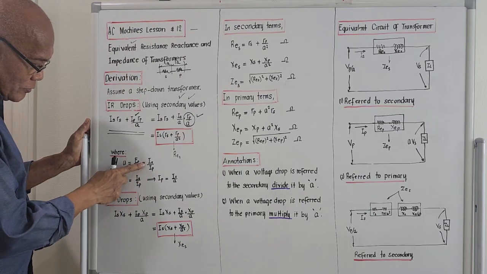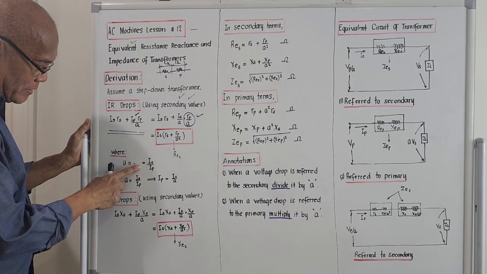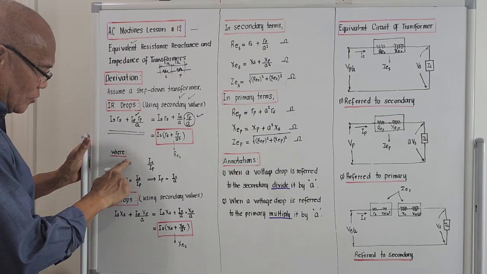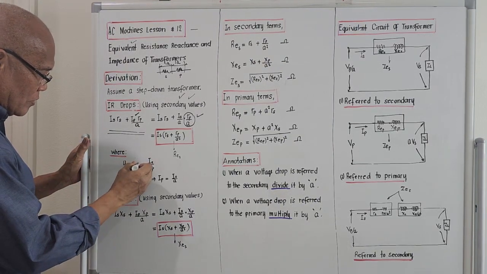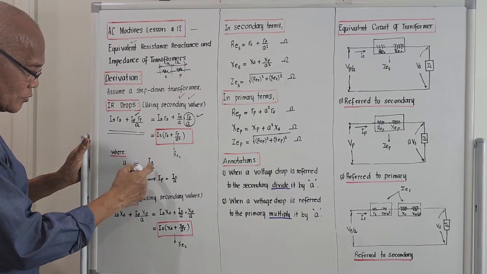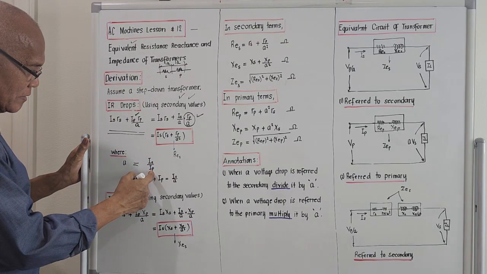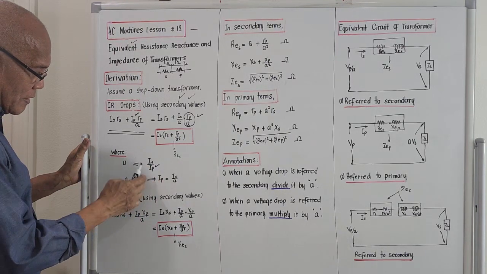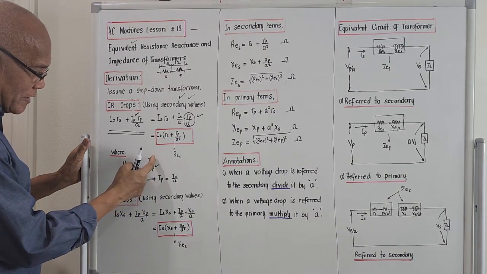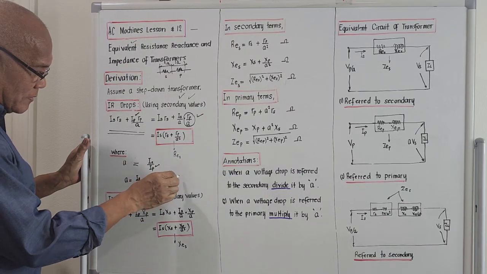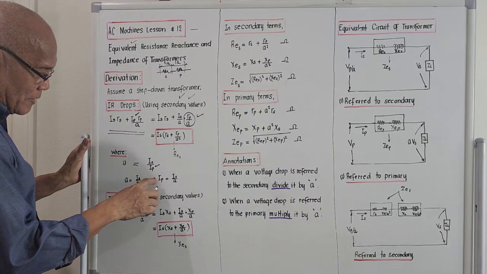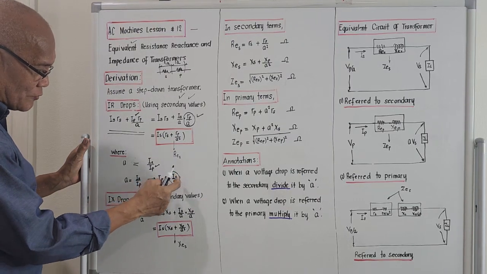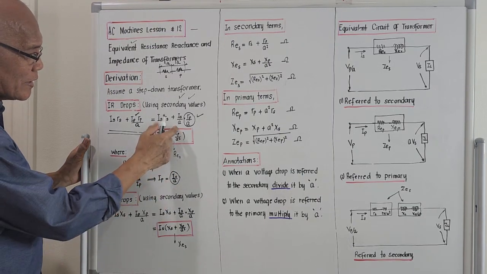So A will be IS over IP. Okay? So actually we could compute for IP. IP will be IS over A. So we will replace IP by the value IS over A.